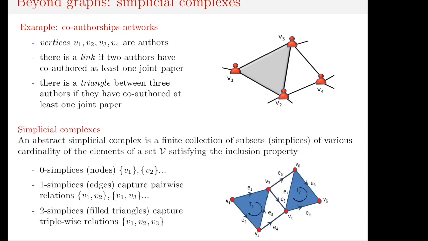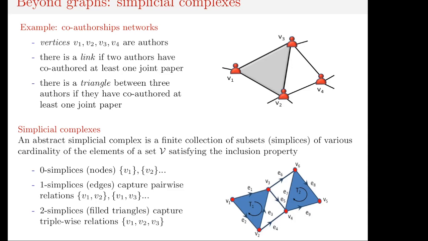This is the formal definition of a simplicial complex. It is a finite collection of subsets of various cardinality of the elements of a set of vertices, satisfying the inclusion property. We have this constraint on the topological space.